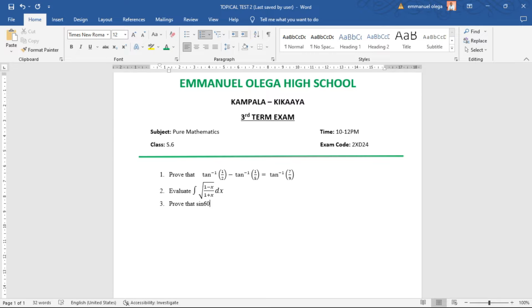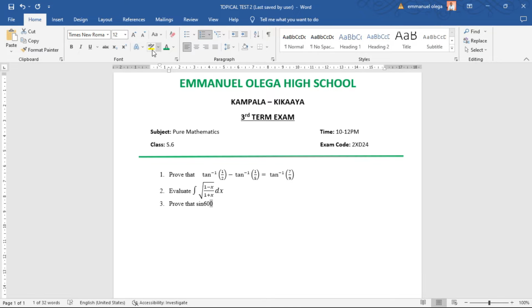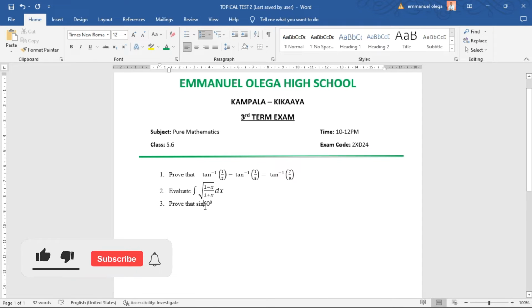That's what we're going to do. So we're going to have a degree symbol. But for that to happen, we're going to make use of superscript. It's just going to insert, actually stay in your home. Then we're going to click this, so it will turn that degree sign into a superscript. Okay.